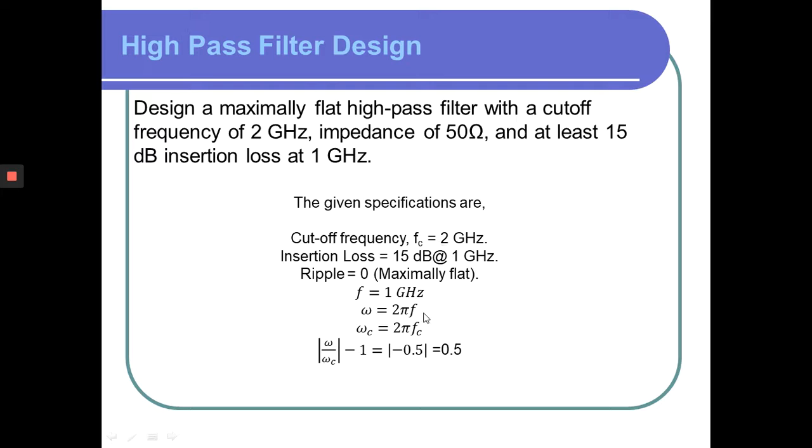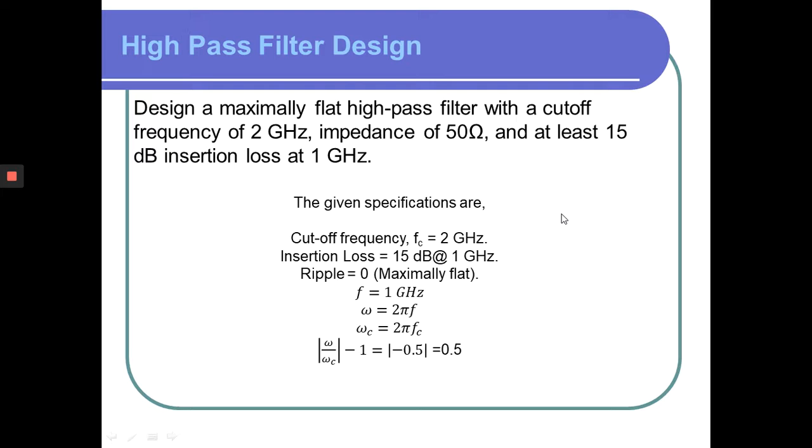So the FC is this one, and the F is this one. At the insertion loss of 15 dB at 1 gigahertz, we need to design for a cutoff frequency of 2 gigahertz, which is a high-pass filter design here.